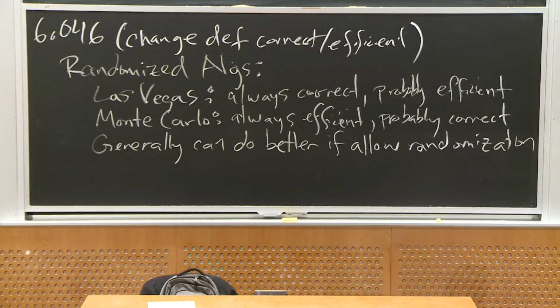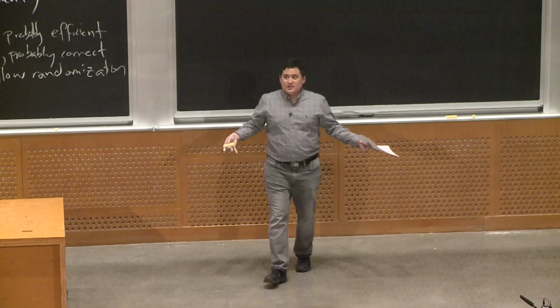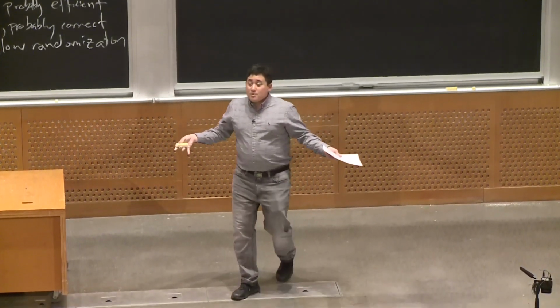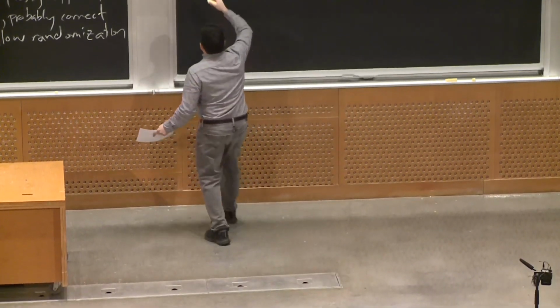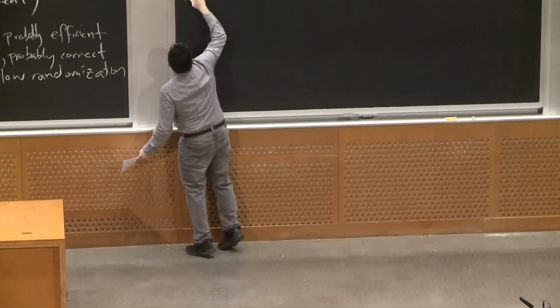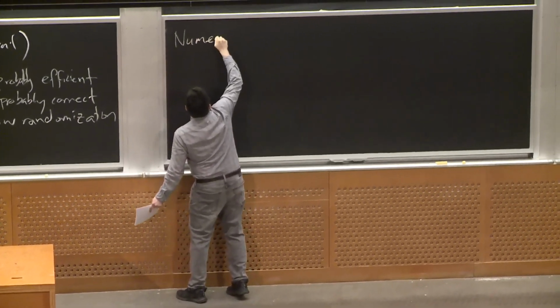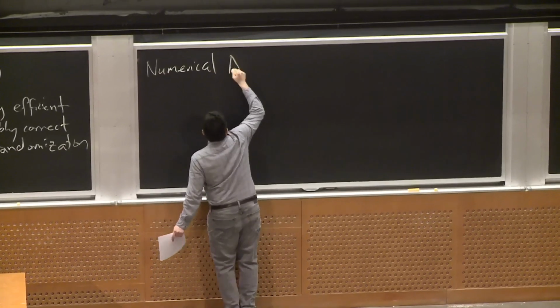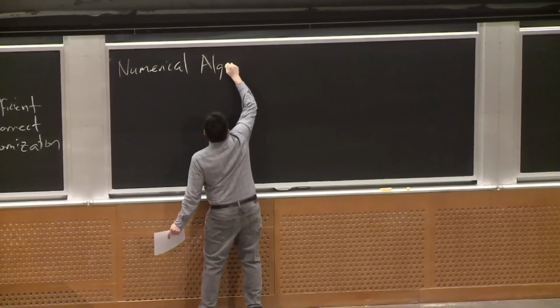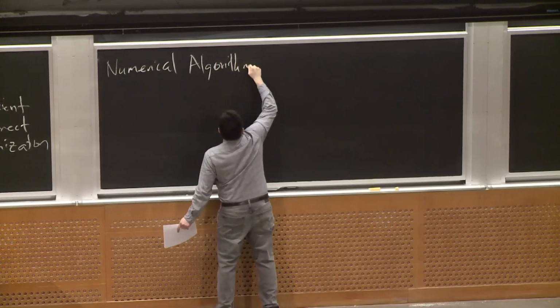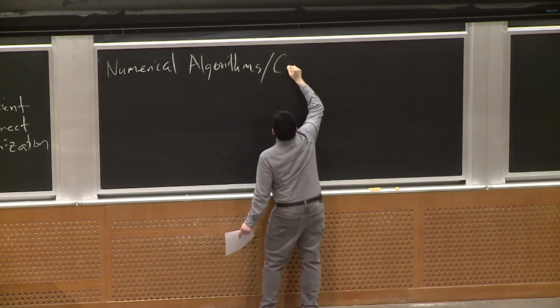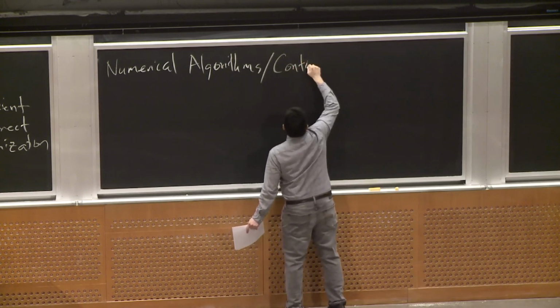And I can't even store a real number on my computer, so what the hell, Jason? What are you talking about, right? I can't do that on a computer. But what I can do is basically compute things in a numerical sense, numerical algorithms. And in 046, a lot of times we put this in the context of continuous optimization.